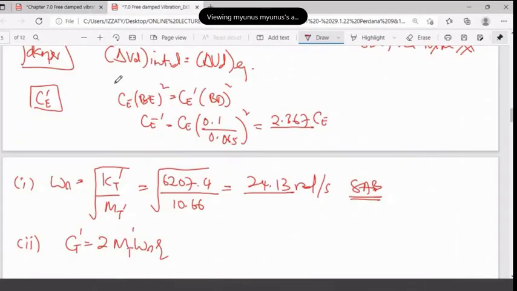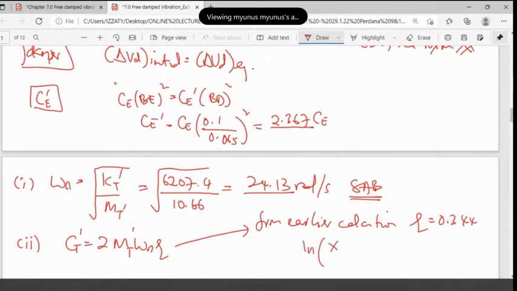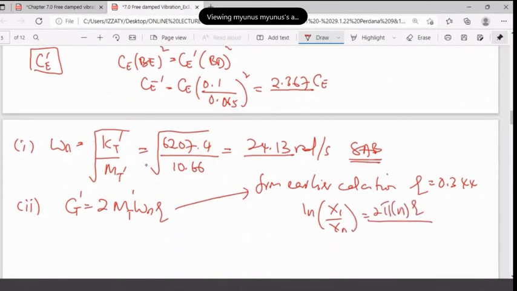So you need to find zeta. From earlier calculation, remember zeta is 0.344. Remember the equation? ln(x1/xn) is equal to 2πnζ over square root of 1 minus zeta square.